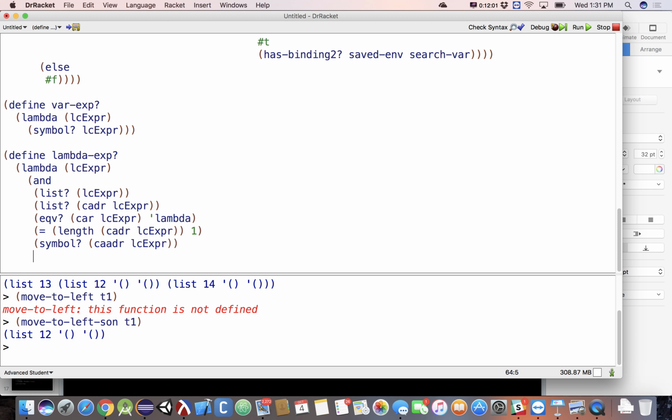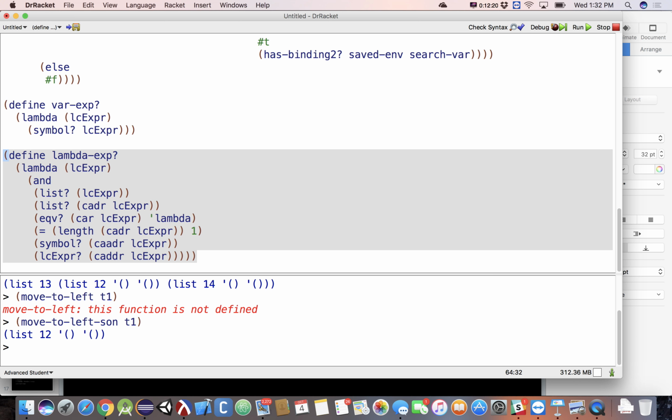Okay, so the final and is the car of the cddr. So we're going to say the car of the cddr of the lambda calculus expression is, presuming that we write a predicate called lambda calculus expression. It's one of those. So that's our lambda expression.